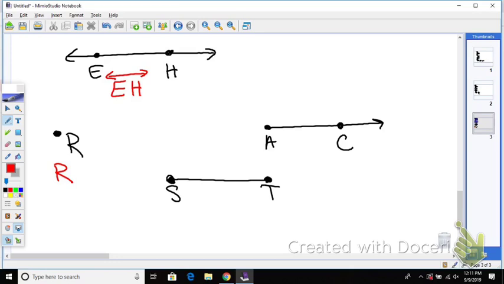Okay, what about this one? What is that one? It's a ray. It's a ray because it has a point, the starting point, and an arrow. So for a ray, you use 2 letters, a dash with 1 arrow. And for the record, the starting one needs to come first.